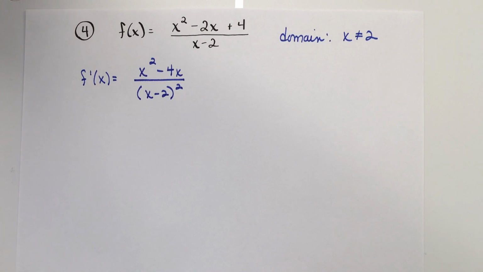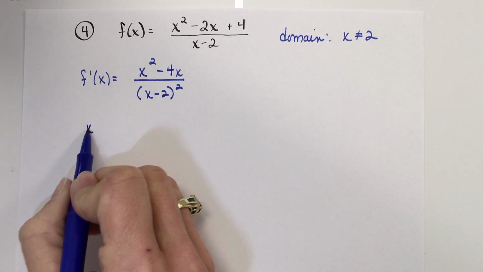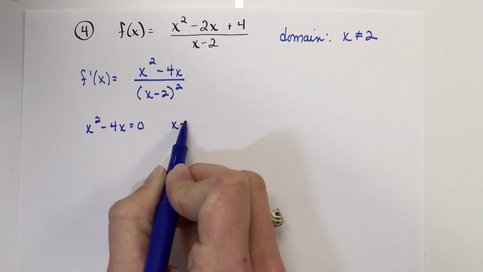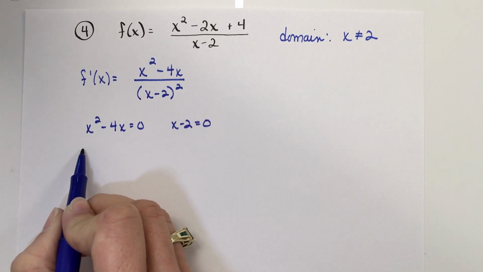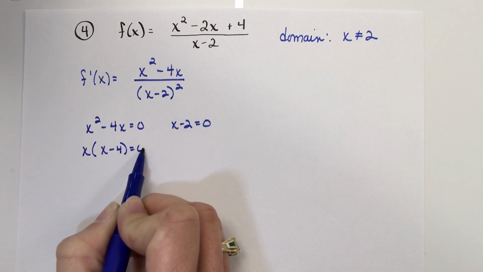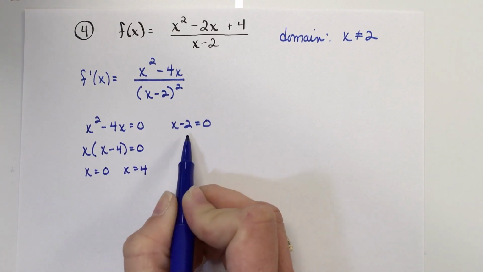Okay, from here, locating the critical numbers, we need to set our numerator equal to 0 and our denominator equal to 0. Now, solving the numerator, you're going to have to factor out an x. Therefore, you'll have x equals 0 and x equals 4.